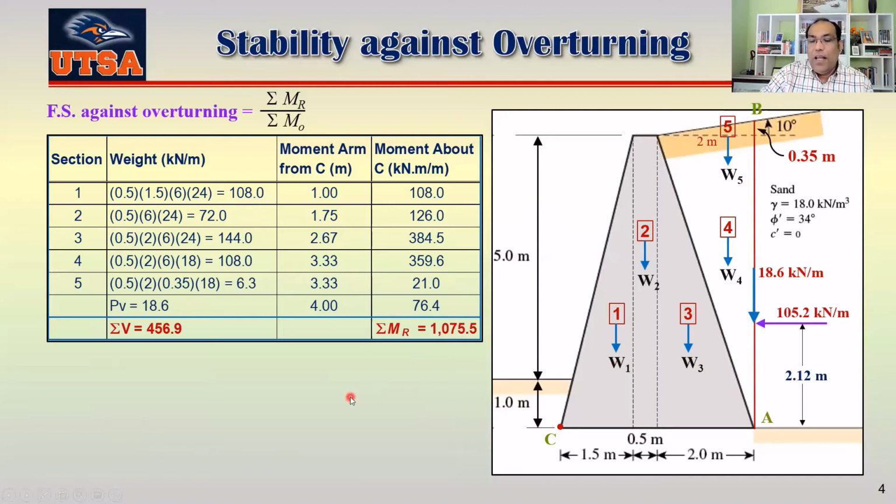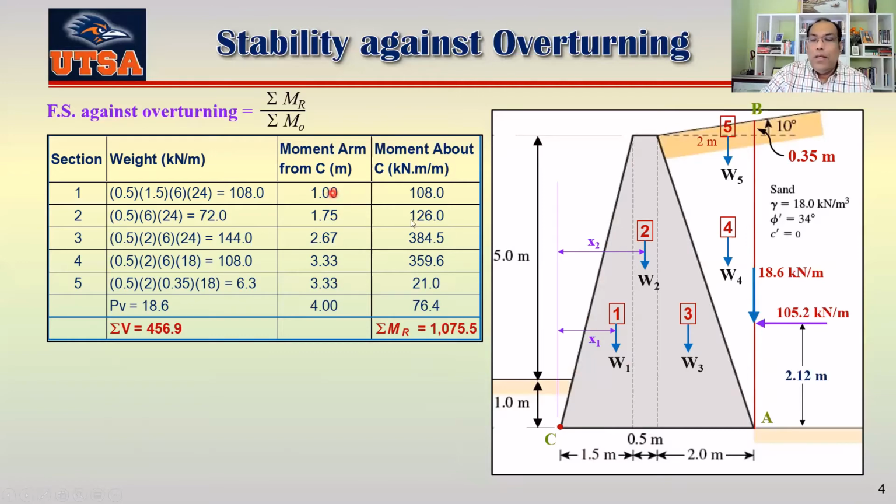Let's say for W1, we have to measure from there, and you can see this is W1, this is W2, this is W3, and so on. The moment arm is 1 because the total from here to here is 1.5, and the centroid of that triangle is 2/3 from the apex, which is actually 1.